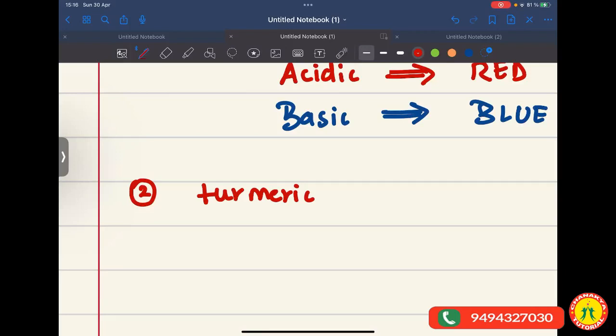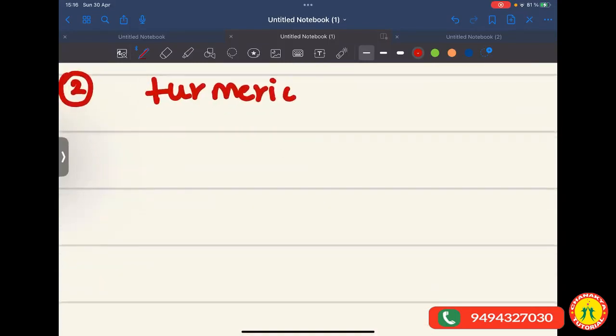Now we're putting a drop of soap solution on the paper. What color do you think it will change into? Any guesses? Ma'am, can you repeat again? You're taking a piece of paper and blotting it in turmeric.